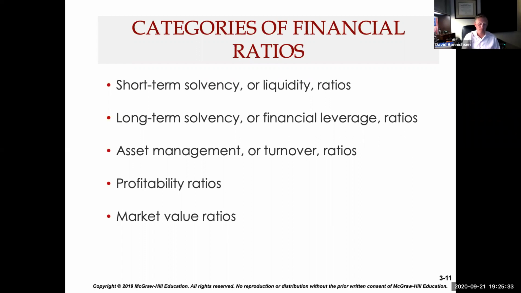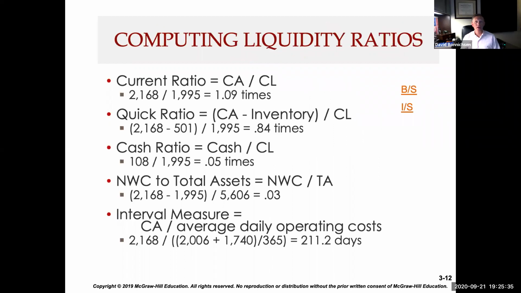We'll talk about that. So when we think about liquidity ratios, and we go back to the example that we've been working on through the handouts, we talk about what's called the current ratio, which is simply nothing more than our current assets divided by current liabilities.